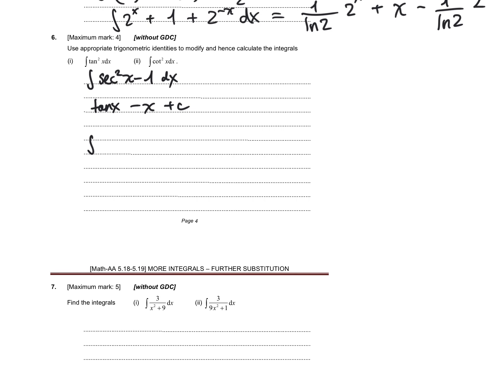So they're not actually in the standard integral part, but just look in the standard derivatives. So, yeah, this is cosecant squared minus 1. And cosecant squared is going to be negative cotangent. And then minus x for the minus 1 plus c.